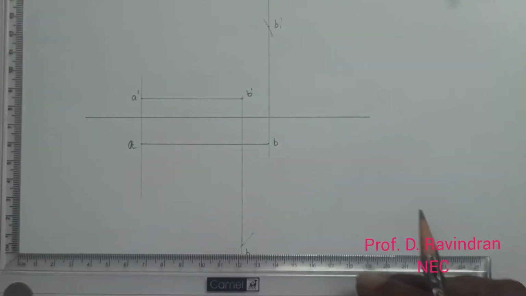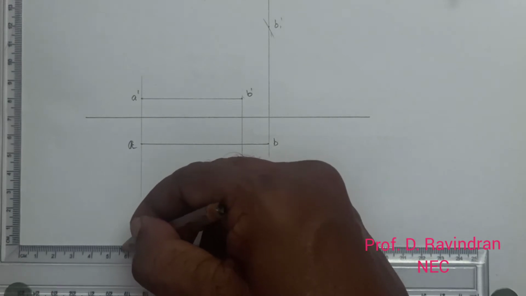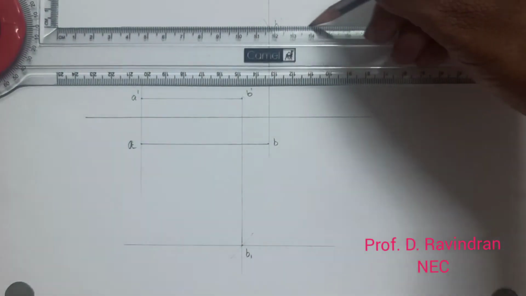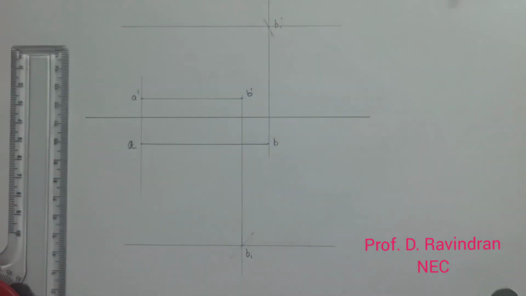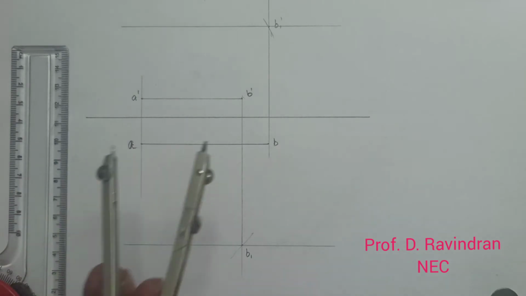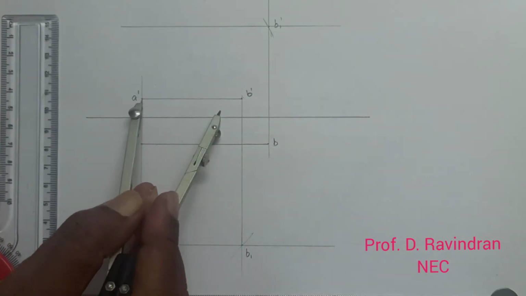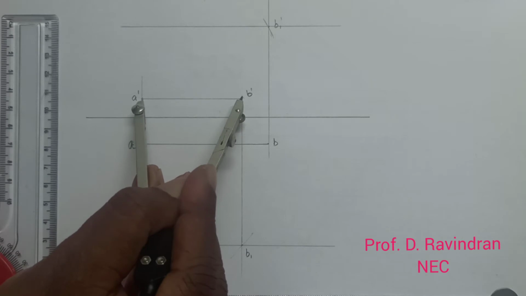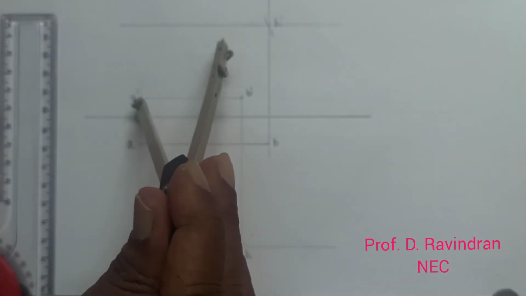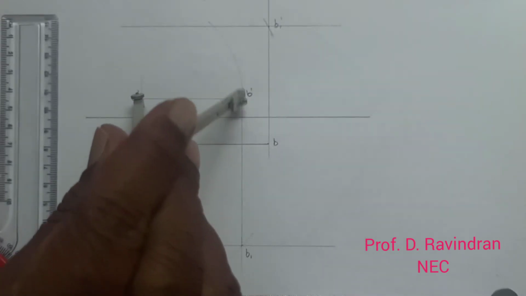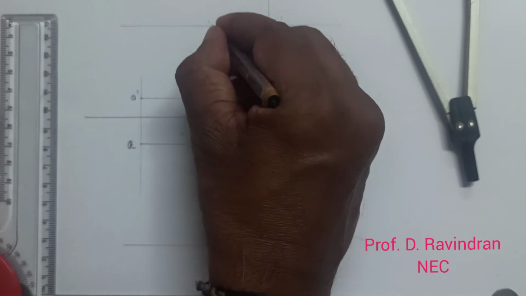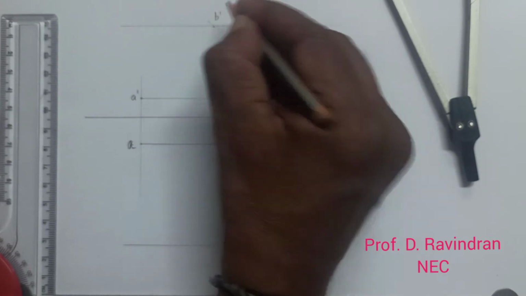Now through these points I can draw a locus horizontally. On this line only your front view as well as top view is going to be there. Now I can take the radius which is equal to the front view of the straight line and make an arc at the top view, which is going to be your B dash.